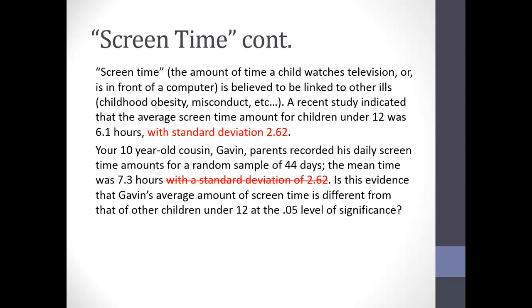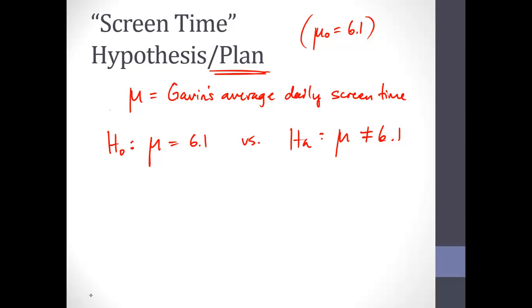Imagine that we want to see if his screen time is different from what we found to be true for other students, which was 6.1 hours per day. And so we set up our hypotheses. Again, our null hypothesis is that mu, which is Gavin's average daily screen time, was equal to everybody else, 6.1 hours. And here our alternative was just that we want to see if it's different than everybody else. So just reviewing what we did last time, stepping through it. This is nothing new just yet.